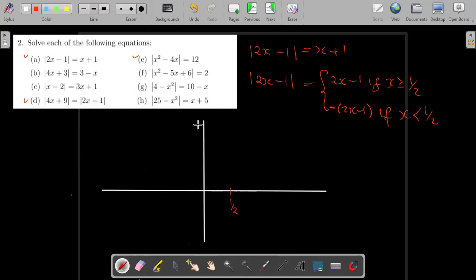Because it's in the modulus, you always have positive values, so you directly graph it that way, with one side going this way and the other side going the other way.